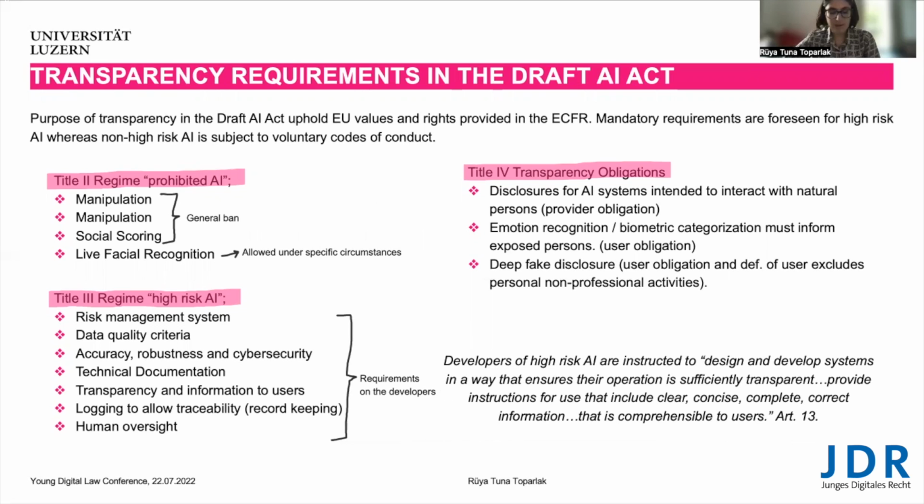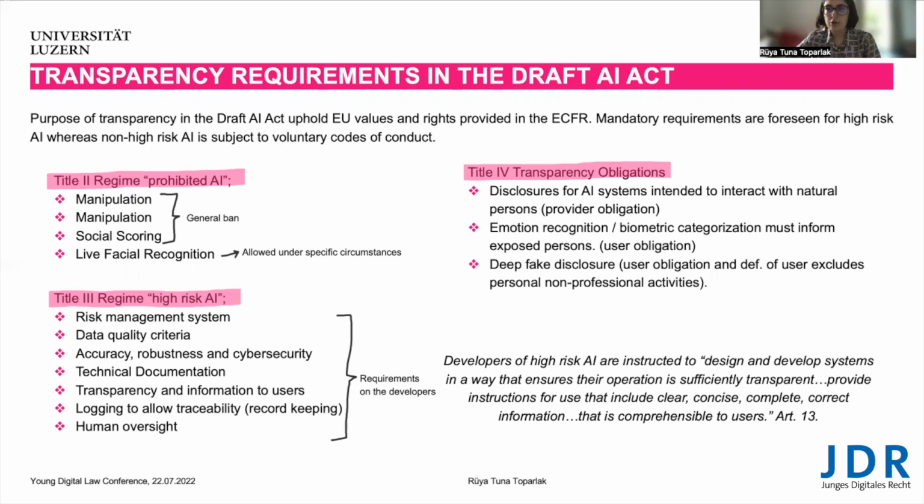So transparency obligations are imposed on high-risk AI, whereas non-high-risk AI are subject to voluntary codes of conduct. And here you can see the essential obligations on this slide. So developers of high-risk AI are instructed to design and develop systems in a way that ensures their operations are sufficiently transparent, and they provide information for use that includes clear, concise, complete, correct information that is comprehensible to users.